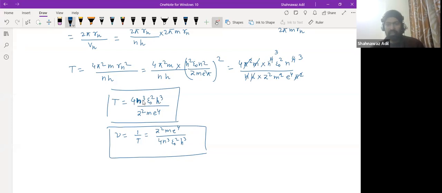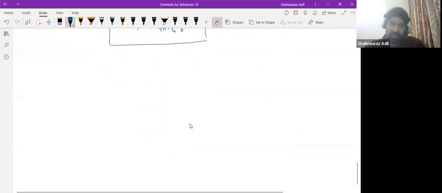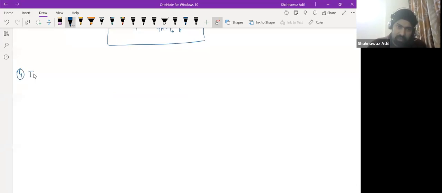Now, let's calculate the total energy of that revolving electron. Right, let us calculate that. Now let us calculate the fourth part, which is the total energy of the orbit.